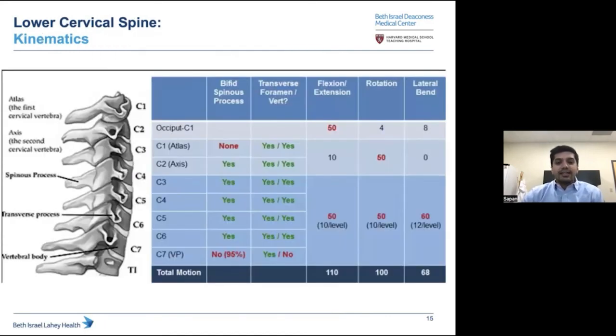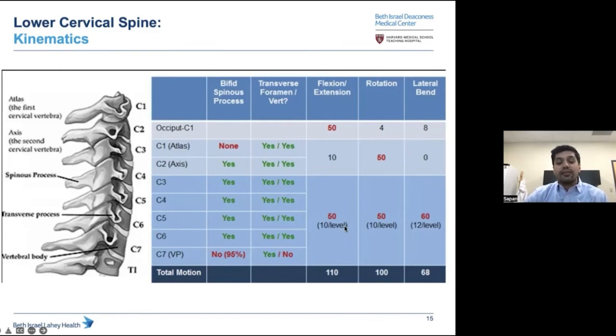So from a kinematic standpoint, it's important to understand what motion happens where. And so we talked about earlier, at occiput to C1, quite a bit of flexion extension happens at that one level. At C1-2, quite a bit of the axial rotation happens at that one level. And then from C3 downwards, the flexion extension, rotation, and the lateral bending get split up evenly. This is a nice chart that describes that for us.